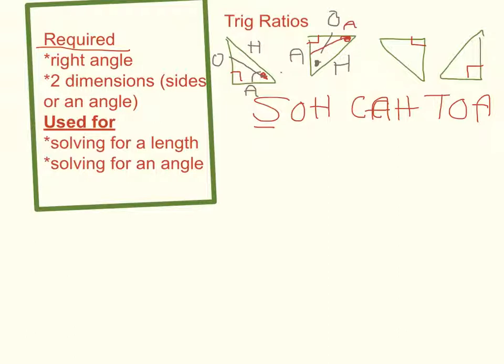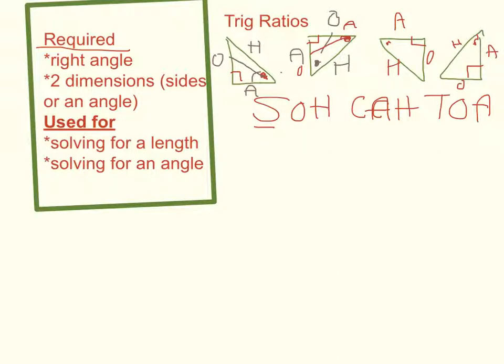This is going across to the opposite, and this is still our hypotenuse. So again, it's all relative to what angle is given. If I said here, this would be adjacent, opposite, and hypotenuse, and here is opposite and adjacent.